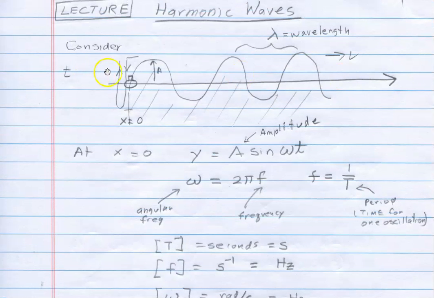The period at a given point is the time it takes for this cork to go from its maximum down to its minimum, and back up to its maximum. So it's the time for one complete oscillation up and down. And by definition, the reciprocal of the period is the frequency.